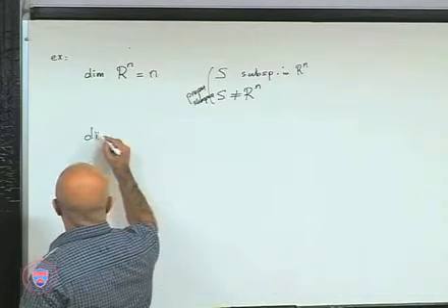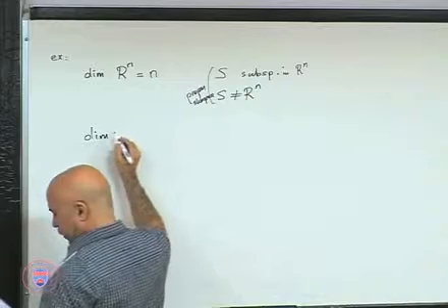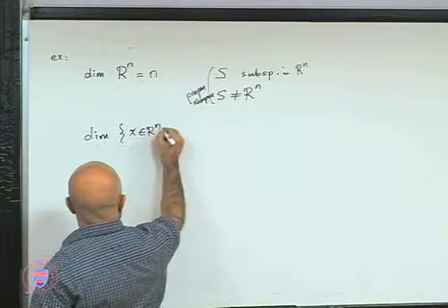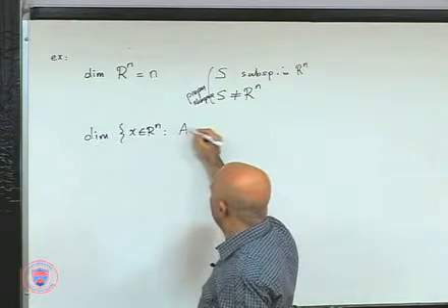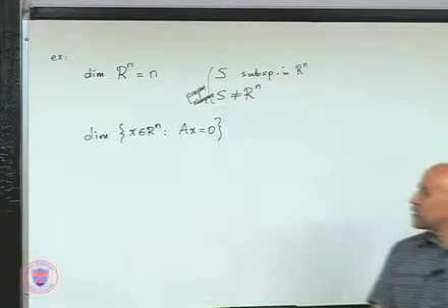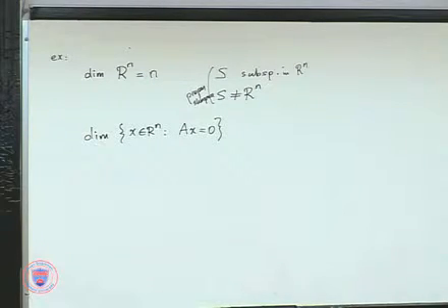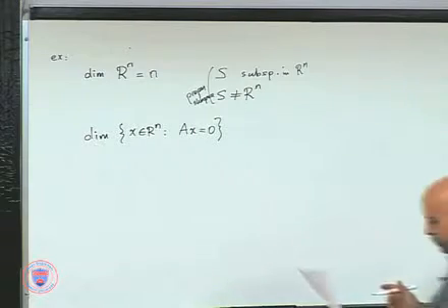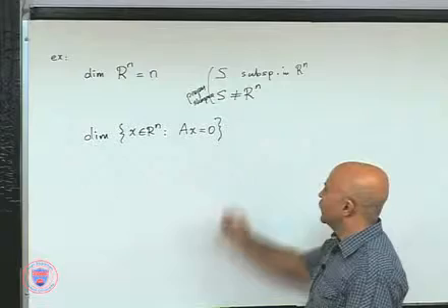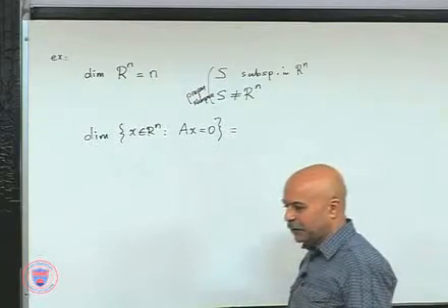What about the dimension of, for example, the set X in Rn, where X is a solution to the homogeneous system Ax equals 0, A is an m by n matrix? What's the dimension of this? Anybody?